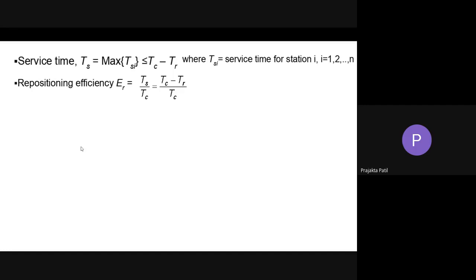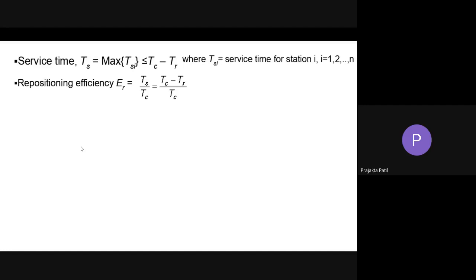So repositioning losses reduce the amount of time that can be devoted to productive assembly work on the line, because out of the available time, there is some time that is getting wasted in repositioning all the work elements. Either the worker or the work element needs to be repositioned. So because of these repositioning losses, the total amount of time that can actually be devoted to productive assembly work will be reduced.